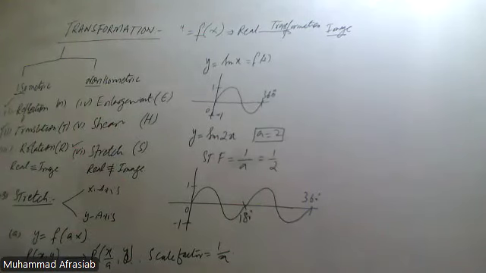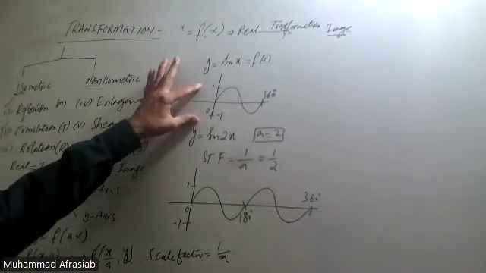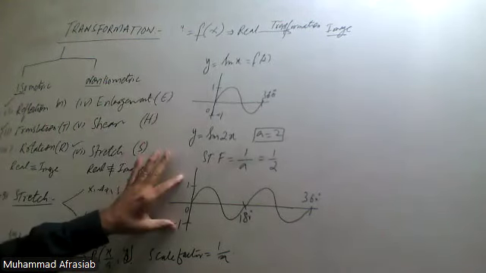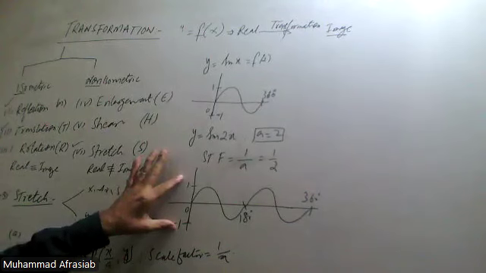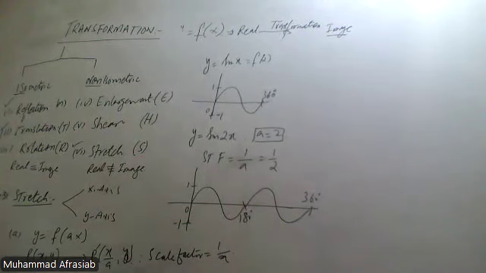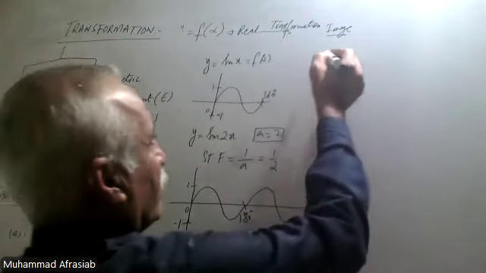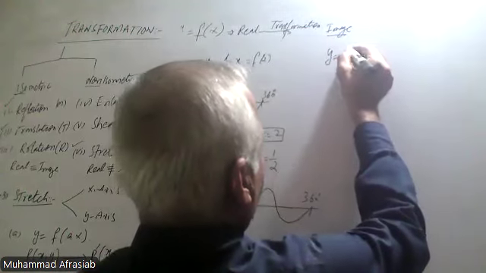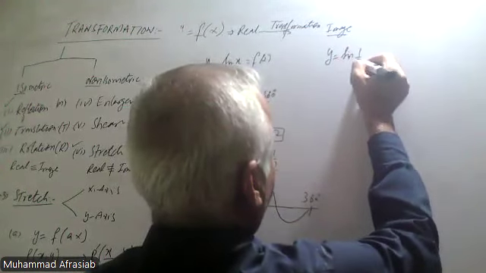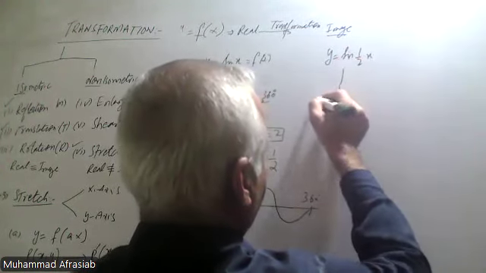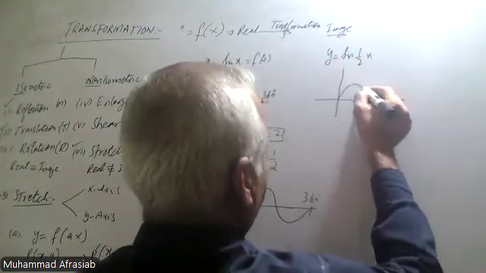So it means there are two cycles. Here there is one cycle for this portion, and here there are two cycles for this portion, because it is being stretched by a factor of 2 on the x-axis. If y is equal to sine of half x, then this graph will be like this.